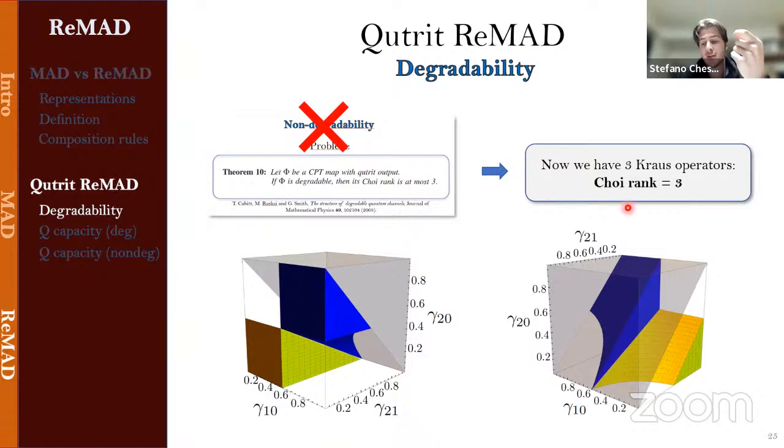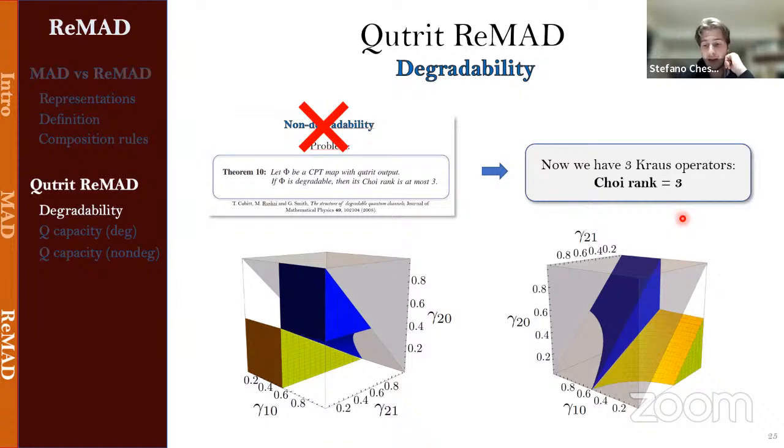Now, since we merged two Kraus operators, we have a Choi rank equal to 3. So now, even for a complete resonant multi-level amplitude damping channel, with all three possible damping parameters non-zero, we have the possibility to have degradability.